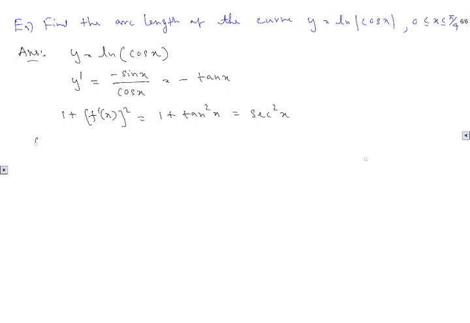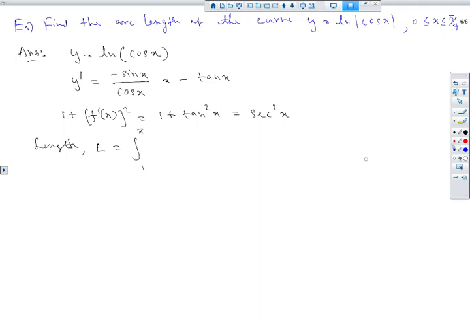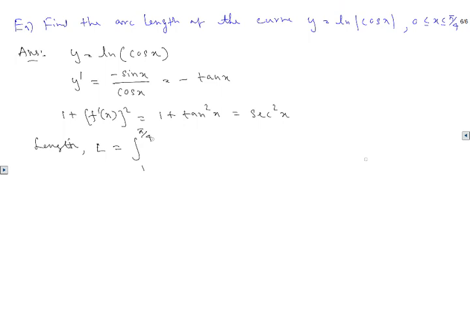The length L, okay, actually let's write the formula. We know the formula now, so we can write it: the integral of the square root of 1 plus f prime x, whole thing squared, dx.